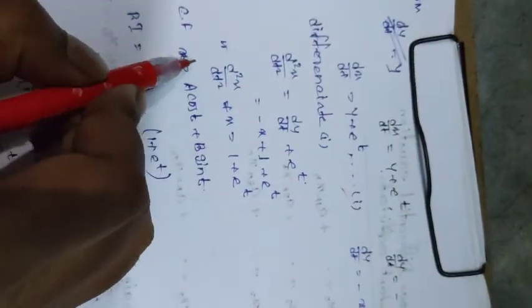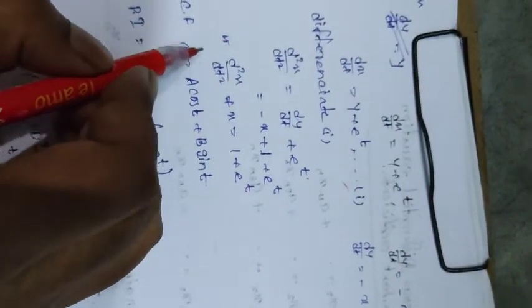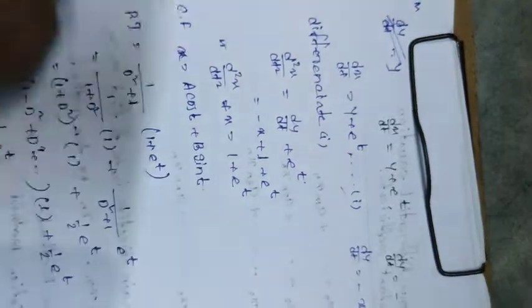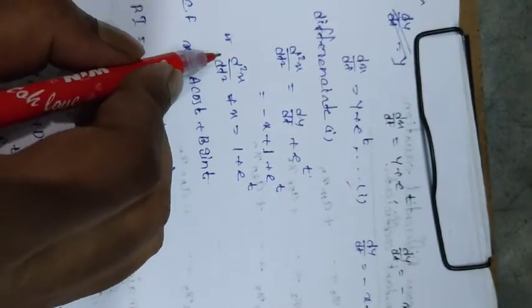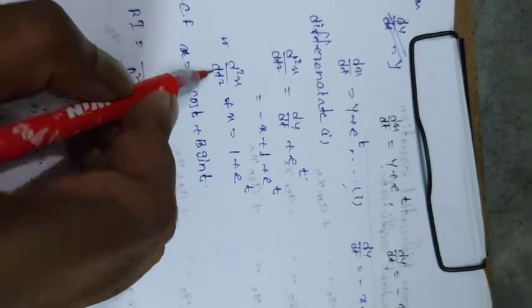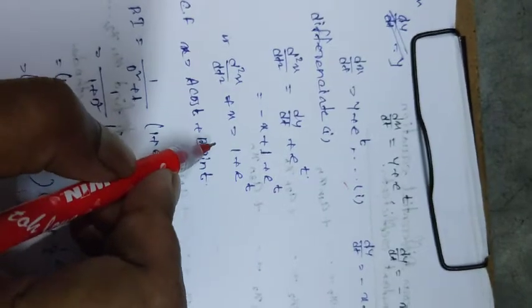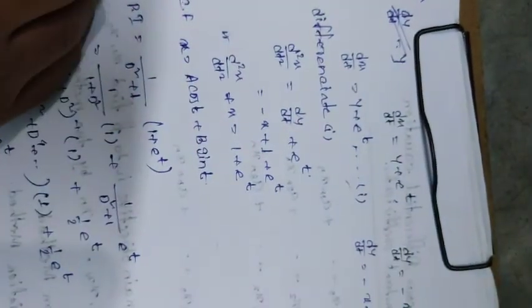And if we rearrange it, we will get d2x/dt2 plus x is equal to 1 plus e to the power t. This is a non-homogeneous equation. So here we have to also find the particular integral.